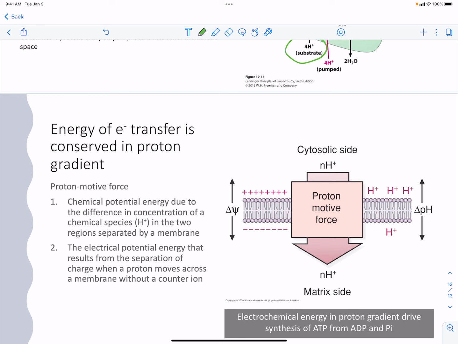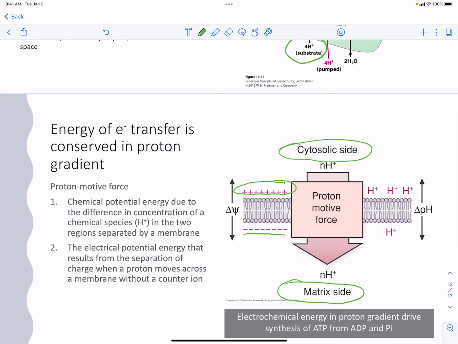Now, we also have the electron transport, and the energy in the transfer is conserved in the proton gradient. So we have a matrix side of the inner membrane space and that cytosolic side. And so the proton gradient, because of the pumping of those protons by the electron transport chain, is going to be greater on that cytosolic side and lower on the matrix side, and so this potential is going to be used to generate ATP.